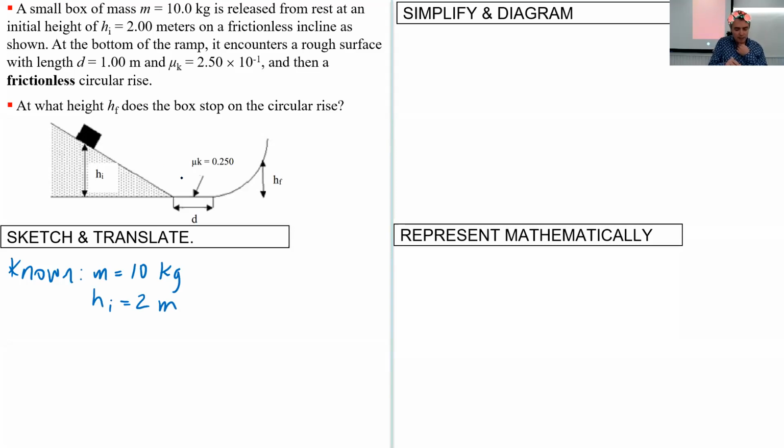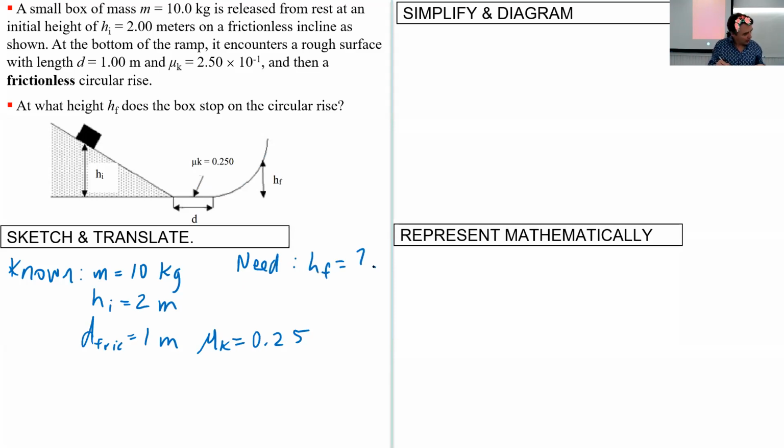At the bottom of the ramp, it encounters a rough surface with a length d. I'm going to call this d friction, equal to 1 meter, and mu sub k is equal to 0.25. And then a frictionless circular rise up to h final, which is the question mark.